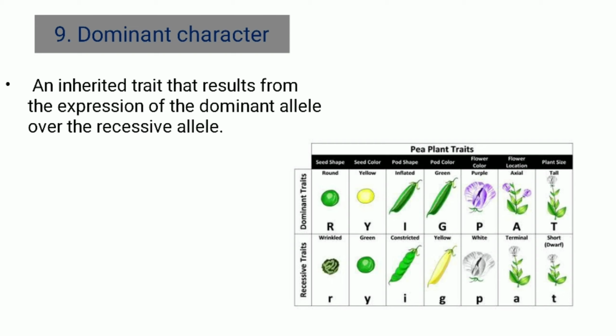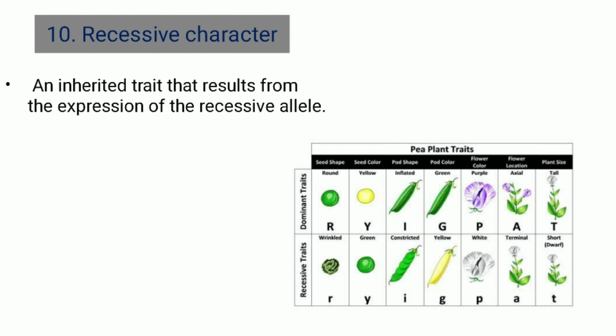These are the characters which were selected by Mendel. They can be represented by using uppercase letters: capital R for round, capital Y for yellow, capital I for inflated, capital G for green, capital P for purple, capital A for axial, and capital T for tall.